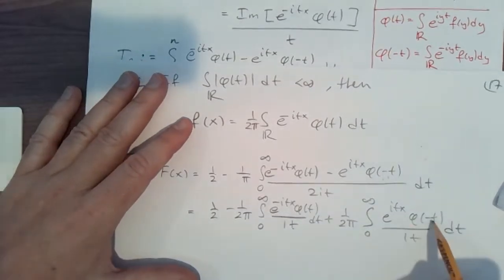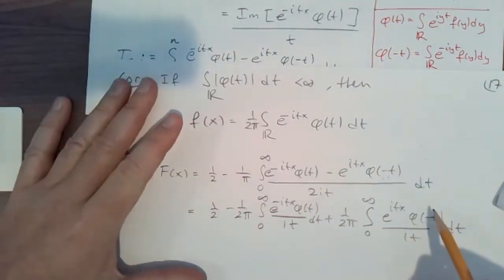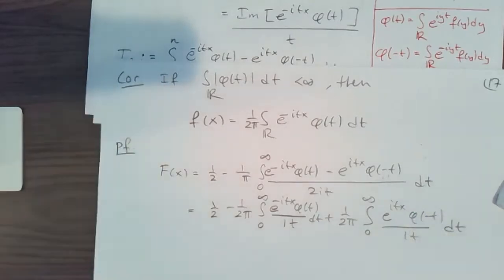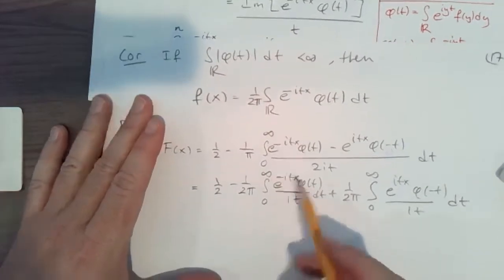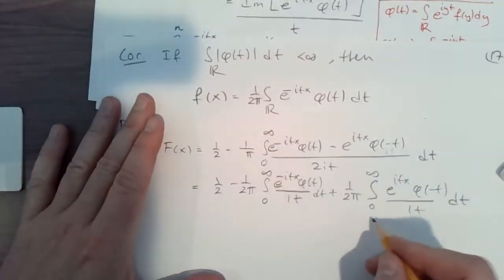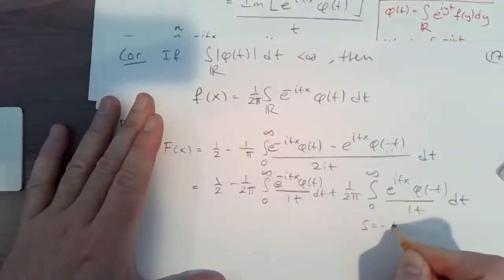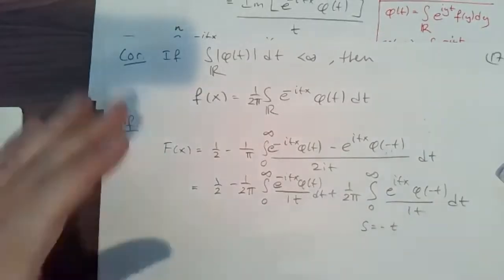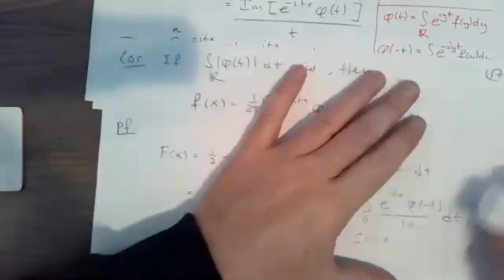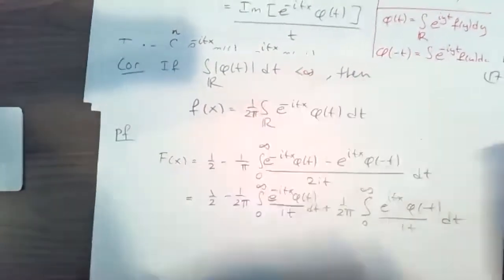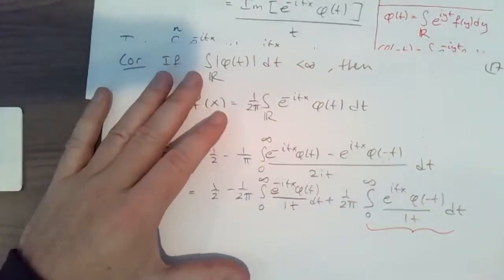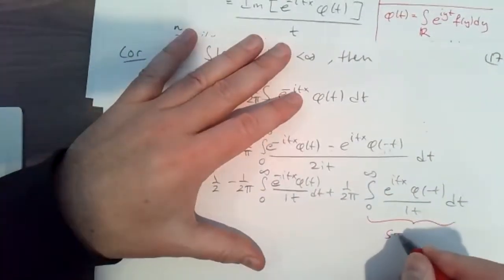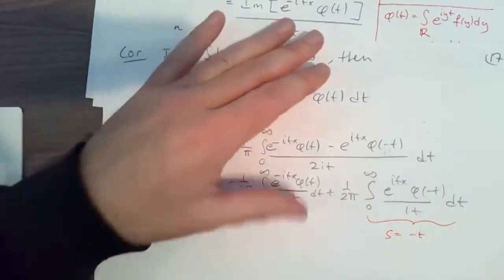And here I could do a substitution. I want to get this minus sign up here again, so I could do a substitution in the last integral that s is equal to minus t.